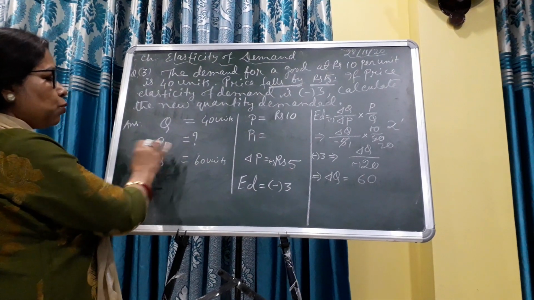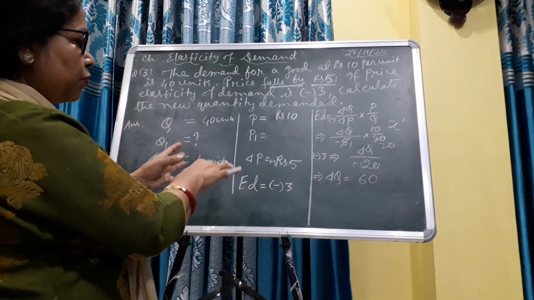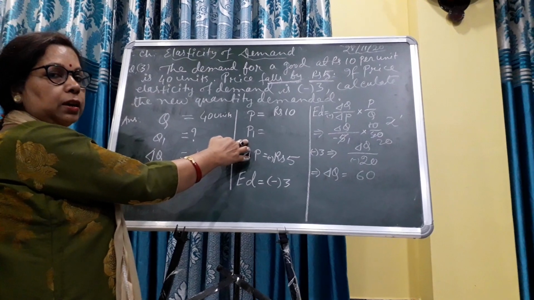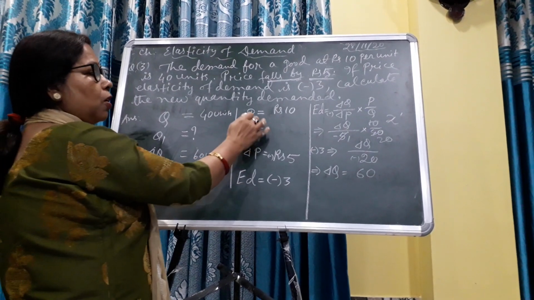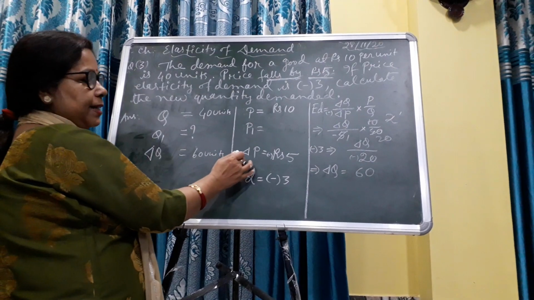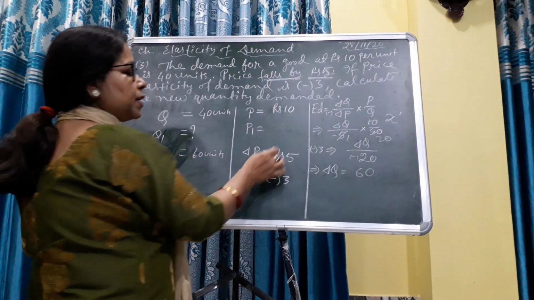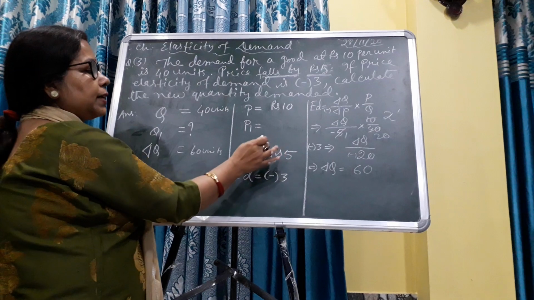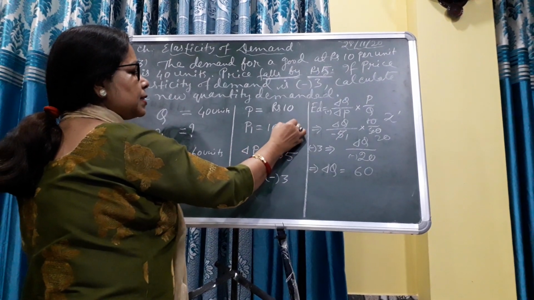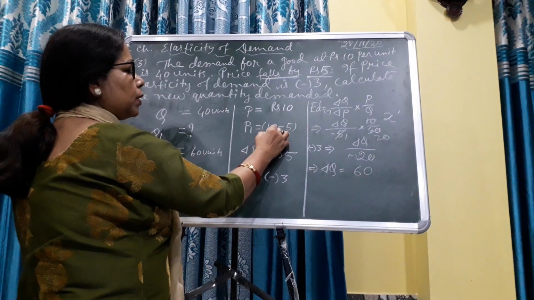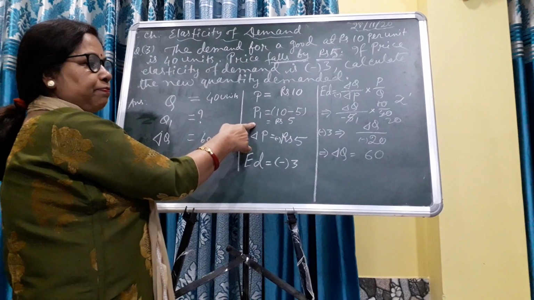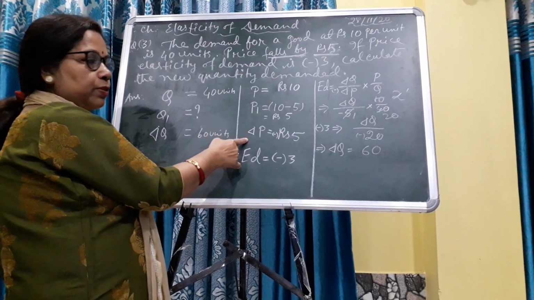Next, we have to find out Q1. From this information, what is the new price? Original price 10, and delta P, change in price, falls. Falls means decreases. So the new price will be 10 minus 5, equal to rupees 5.